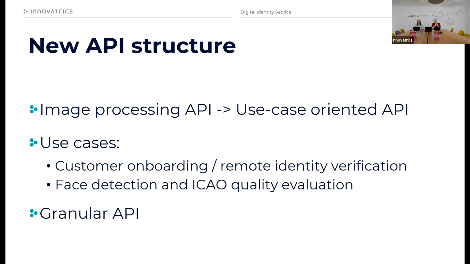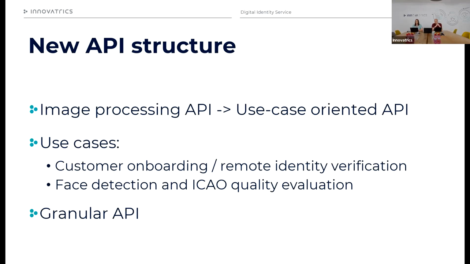Now we designed an API which is use case oriented. So it goes to the topics related to the identity verification or to the topics of the quality evaluation of the face image.